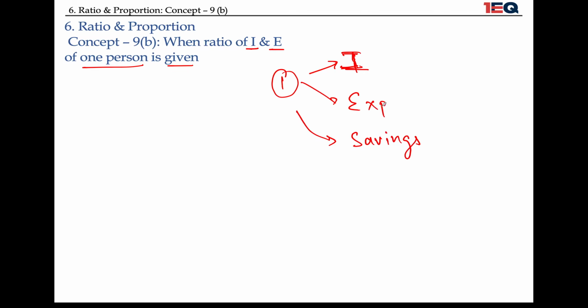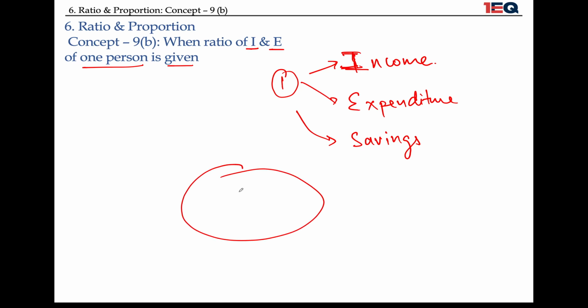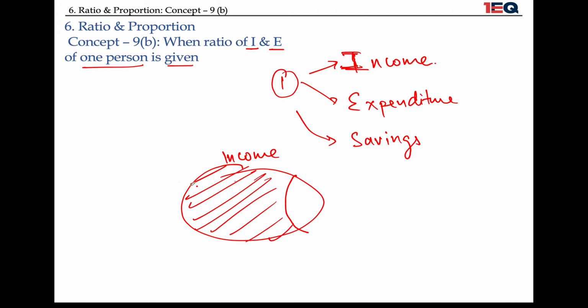So this is nothing but expenditure and this is nothing but income. And one more thing, income is the largest part. Out of the income, let's assume that this entire portion is spent, so I can call it expenditure, and the portion which is left behind is called savings.